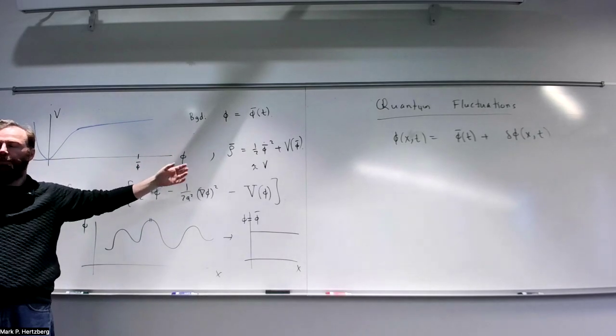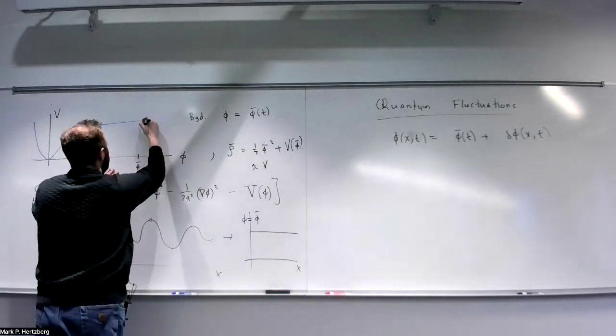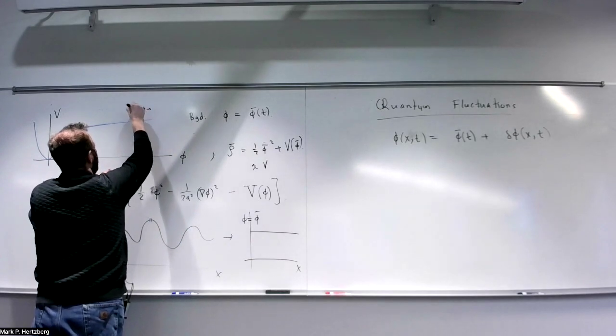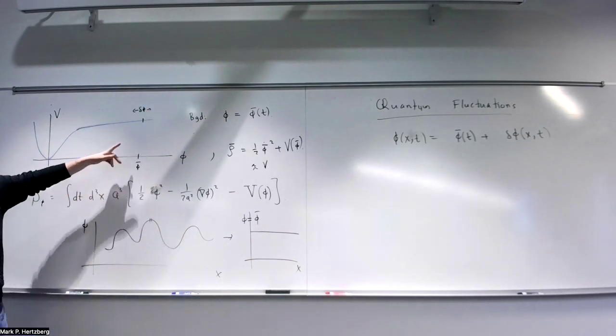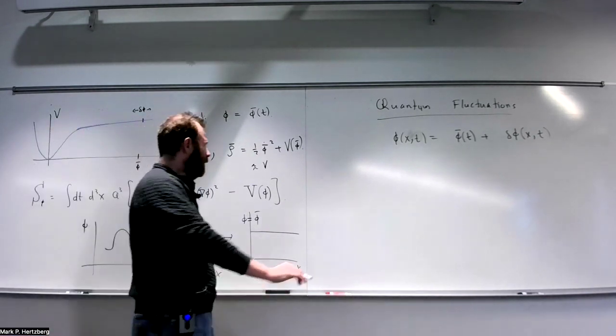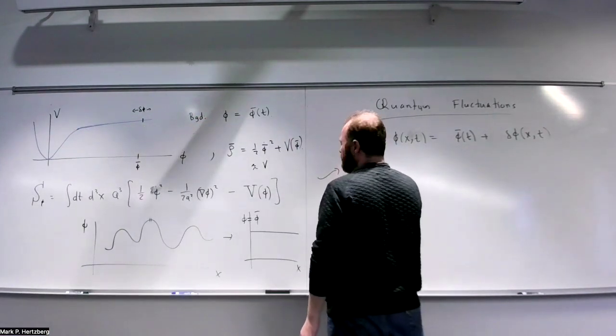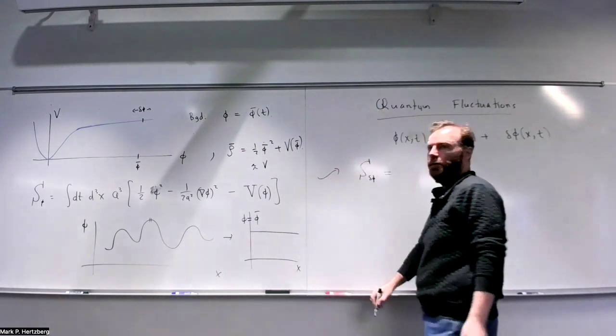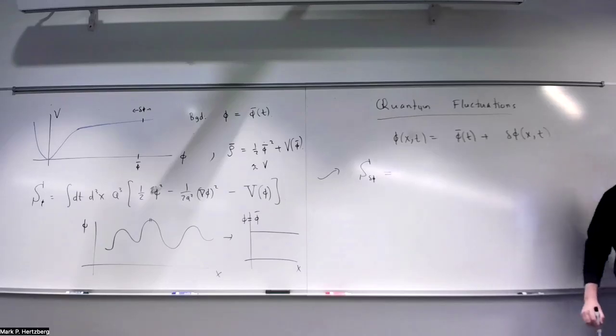At the classical level. Okay, so our task now is to think about the fact that there can be delta phi, little quantum fluctuations around this value. And those will be inevitable from the uncertainty principle. Okay, so the action for the fluctuations delta phi, we wrote it at the end of last time.